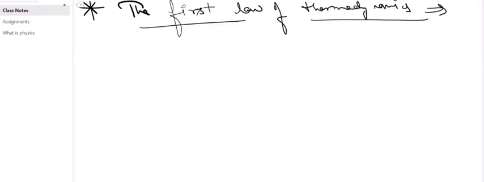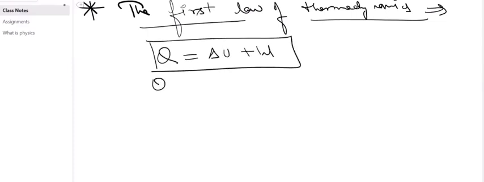Understood? And in this chapter, Akshita, you will keep in mind that we will only calculate the work done on the system and we will not calculate the work done by the system. So the very first law states that Q equals delta U plus W.